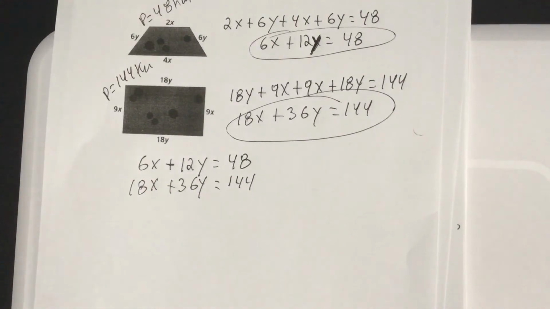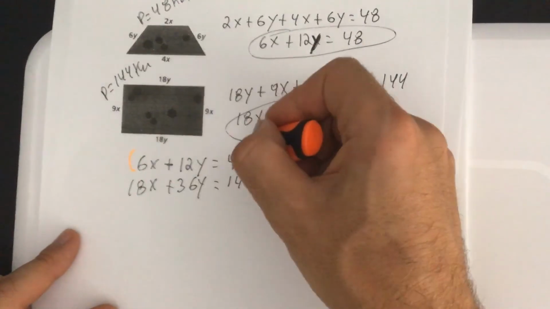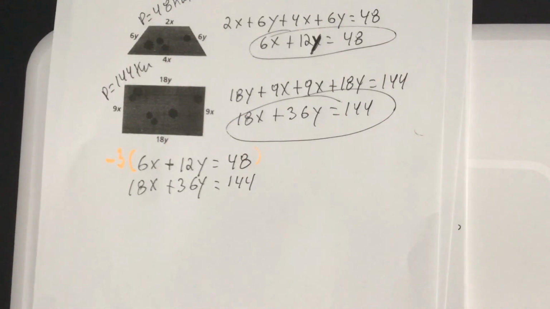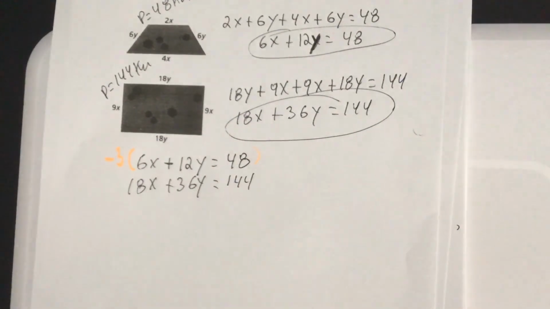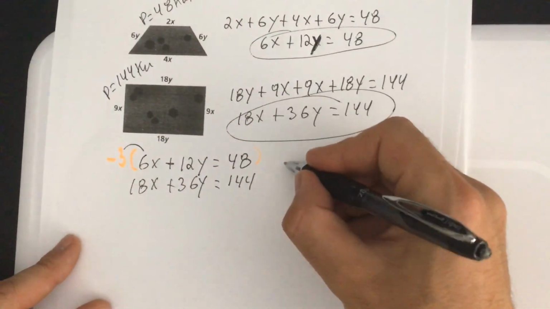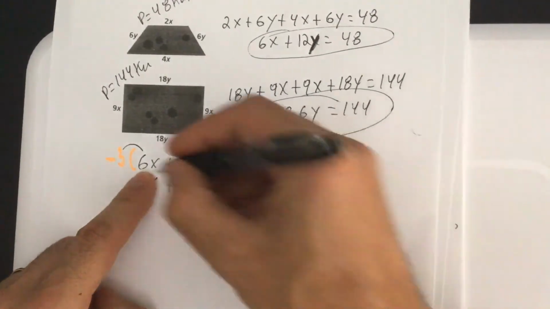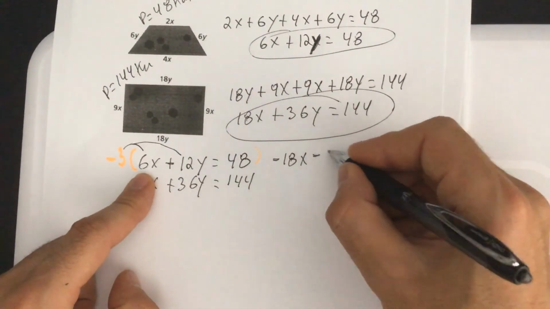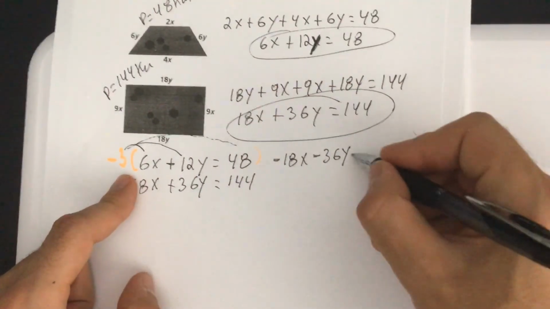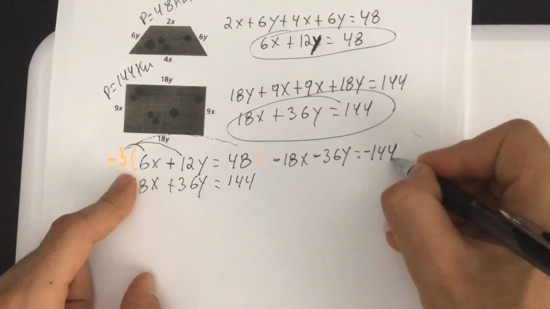So I'm gonna be multiplying that. So that will be -18x, -3 times 12y, that will be -36y, and -3 times 48, that will be equal to -144.